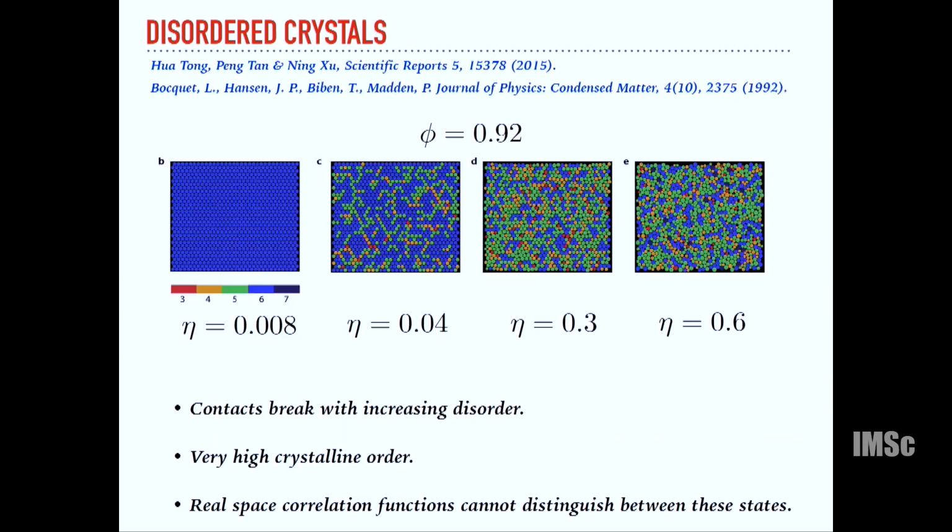So once you have this, you can create something known as a disordered crystal. You can tune from a crystalline configuration all the way to an amorphous configuration by introducing this quenched disorder. In this case, this is a short range harmonic interaction.